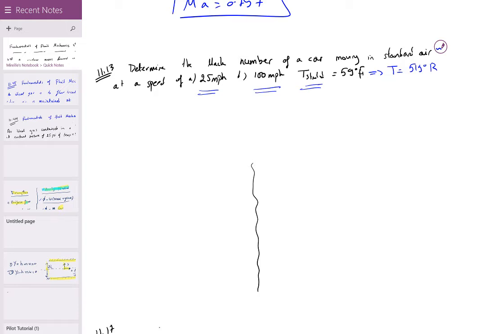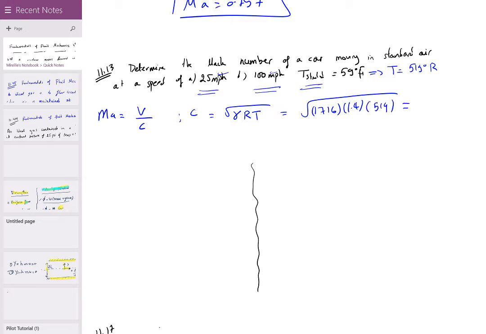Okay, now in order to find the Mach number, it's V over C. I am given the V's, I need to find C. C is the square root of gamma RT. For standard air, R is given as 1716, gamma is always 1.4, and T is 519.